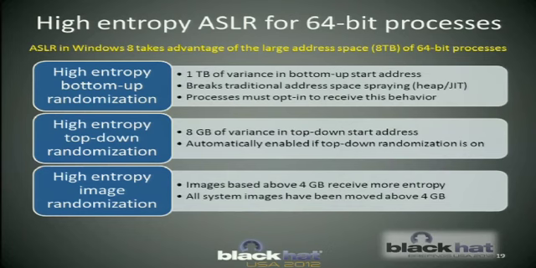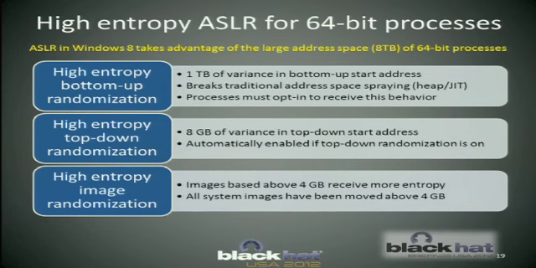So we've done three things here. One is we've implemented what we call high entropy bottom-up randomization. So again, this is biasing where bottom-up allocations start from. But for 64-bit processes, with this flag set, we'll actually bias the bottom-up start location within a range of 1 terabyte. So that means the initial allocations could start anywhere from the first 4 gigs of memory up to 1 terabyte into the address space.